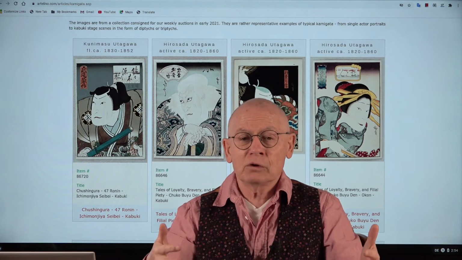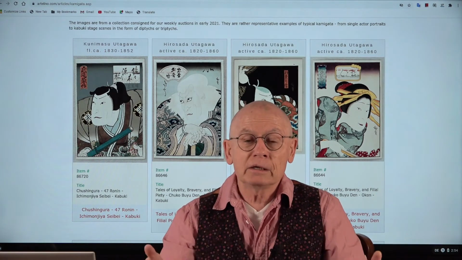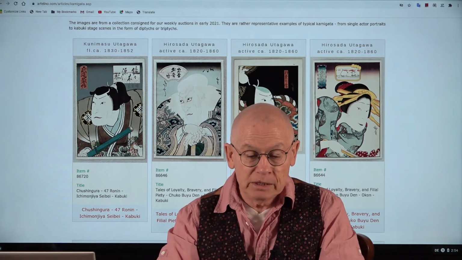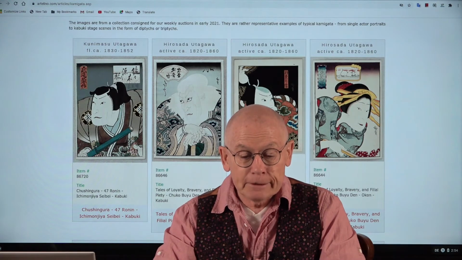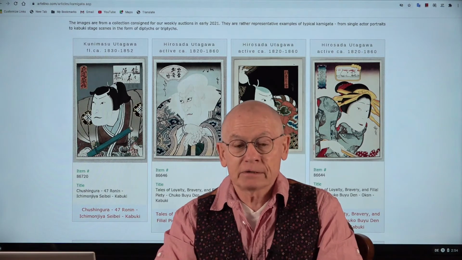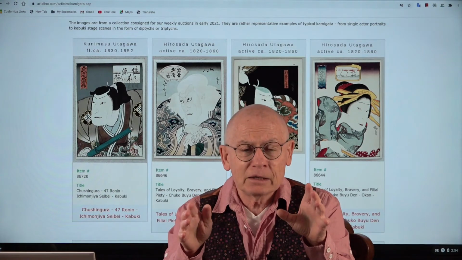Kabuki actors were at that time like today's movie stars. The kabuki theater was extremely popular, also for the common people. And secondly, the smaller size, my friends.